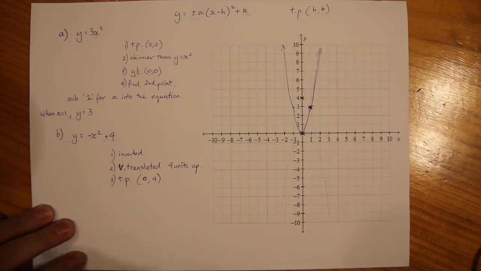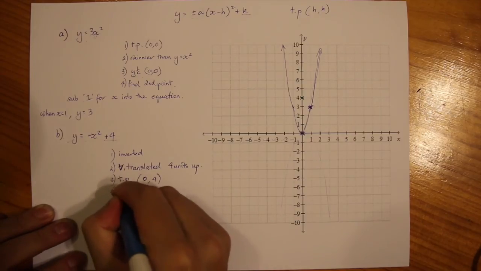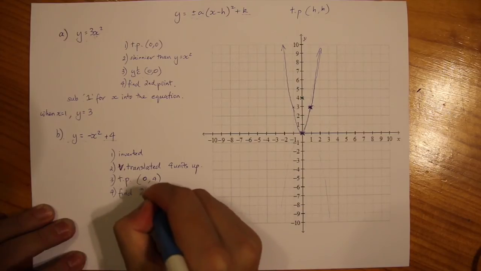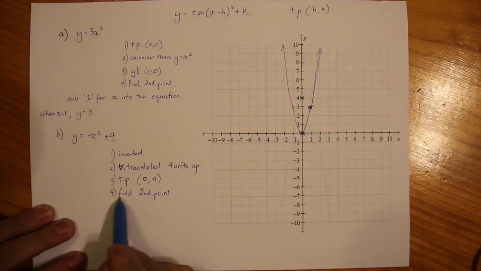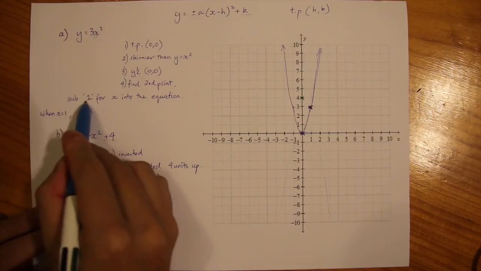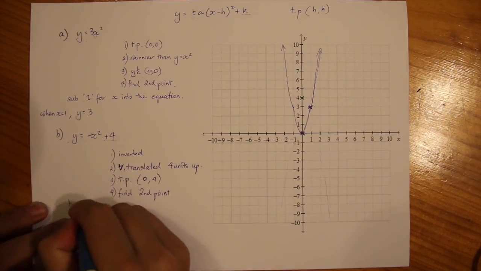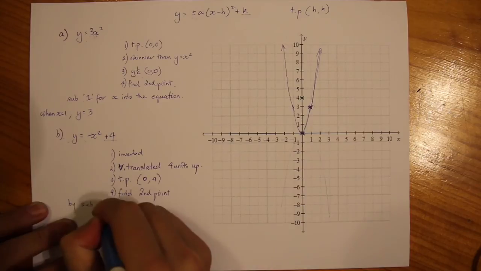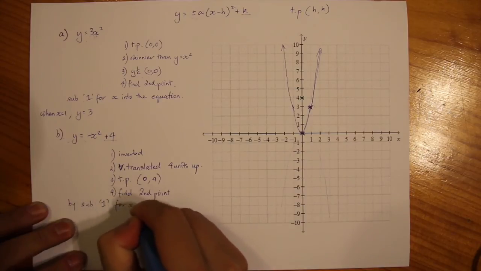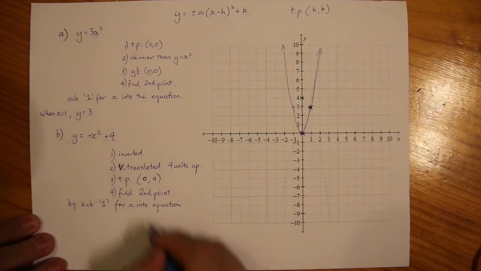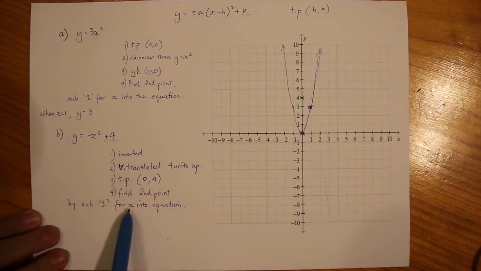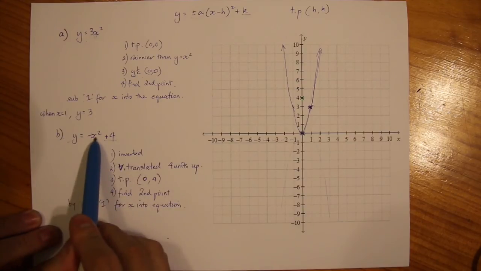Okay, so now all we need to do is find a second point again. So how do we do that? At the moment, we're not really worrying about the x-intercepts. Find the second point by substituting 1 for x. So when x equals 1, we have 1 squared, and it's a negative 1.